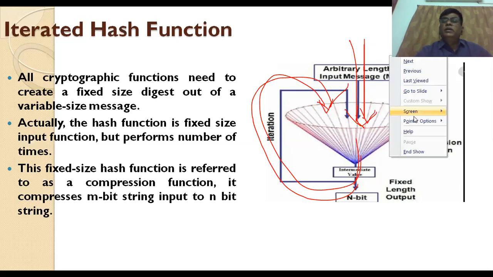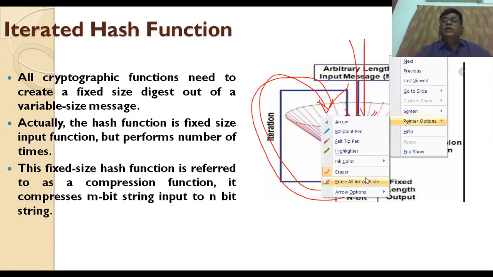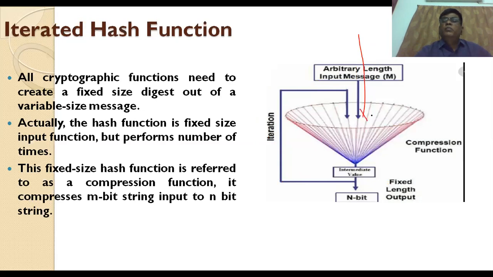So every block I of the message also takes the intermediate output of the I minus 1 iteration. That means if it takes the fourth block, it takes the third iteration output as input along with the fourth block.